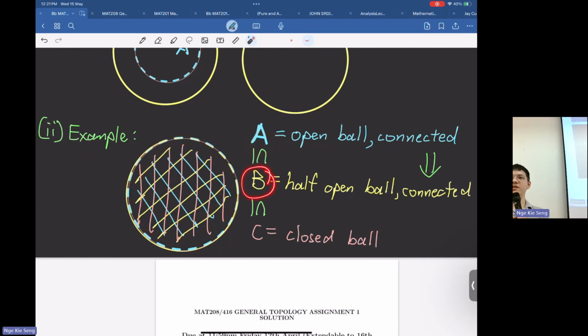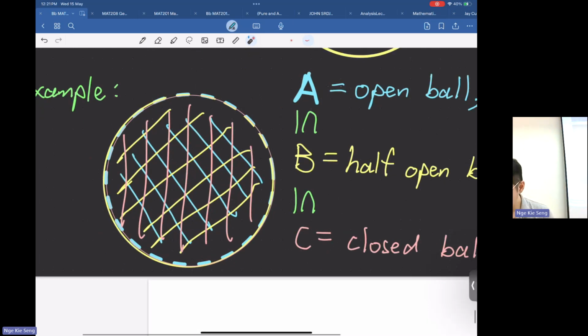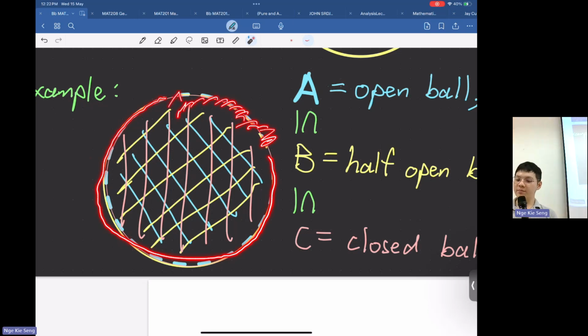But what kind of B can I take here? Maybe I just take up to somewhere around here, but I still don't include the boundary. Then this B is still connected. Does that make sense? Are you seeing what I am trying to do?